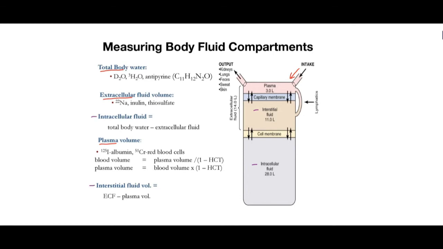Okay? We don't measure those directly. The only way you can figure it out is by figuring out what your extracellular fluid is, what your total fluid is, and what your plasma fluid is. And then use those parameters to figure out the rest. Because everything is injected into your blood, and it just is a question of how far down it's going to go. Okay?